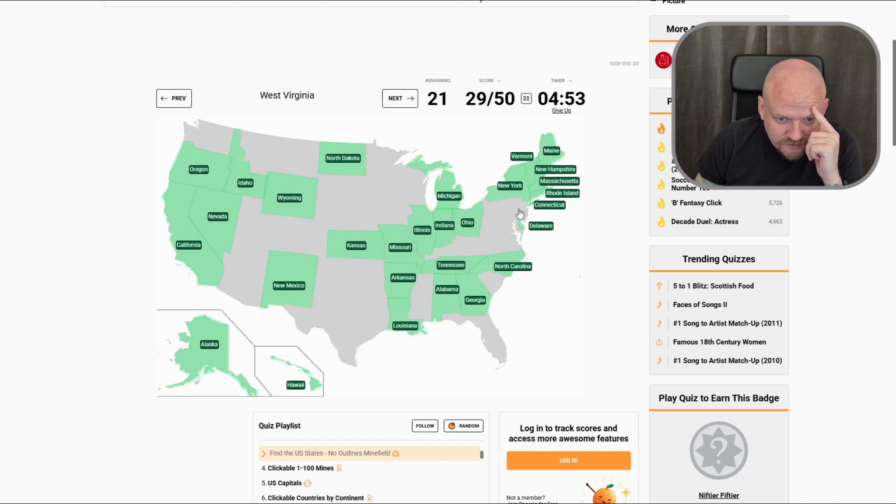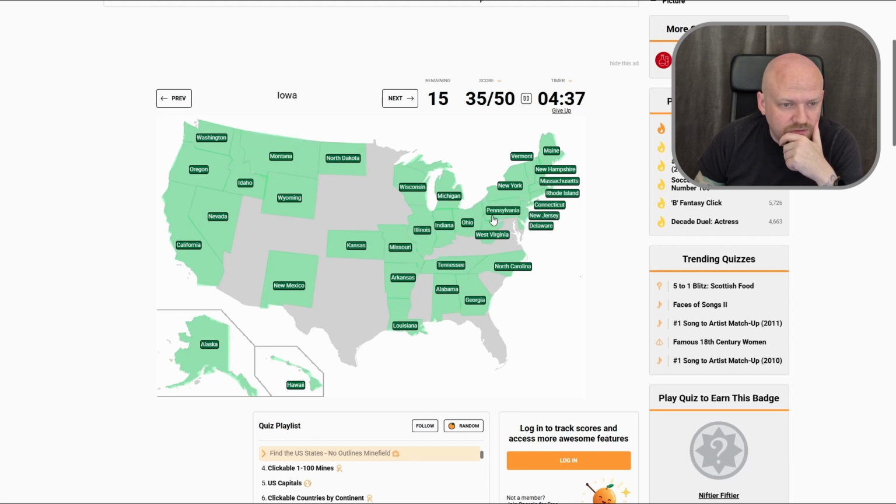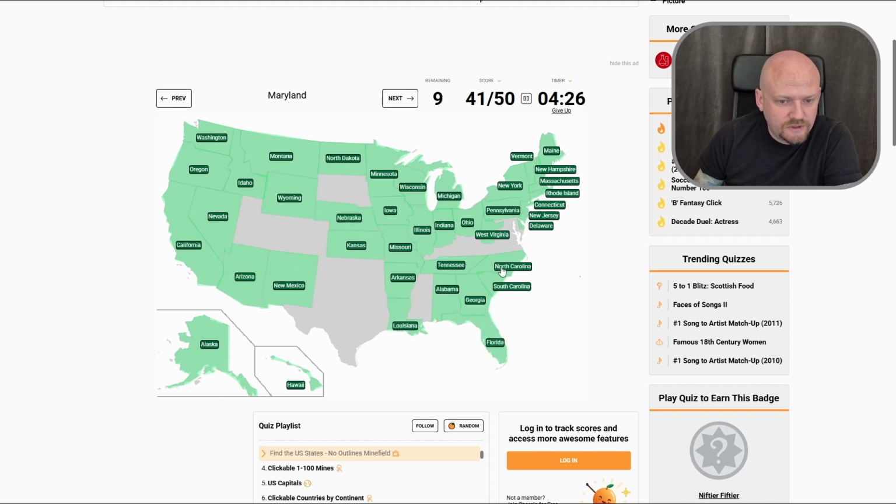So now we have Pennsylvania, Maryland. So this has to be West Virginia right here, Washington up there, Wisconsin, New Jersey comes out here. This is Montana, this is Pennsylvania, Iowa, Minnesota, South Carolina. Now we're talking Florida, so Maryland there, Virginia, South Dakota, Texas, Kentucky, Mississippi, Oklahoma, Utah, and Colorado.